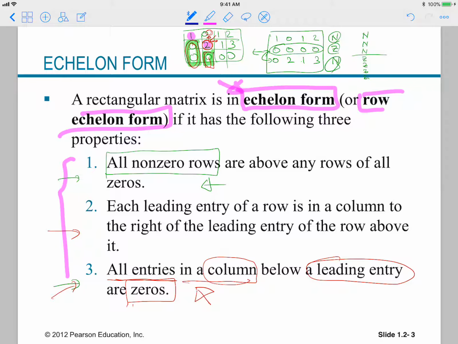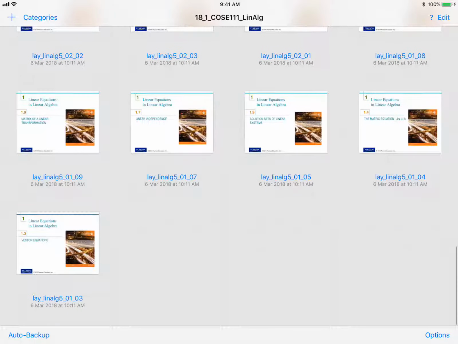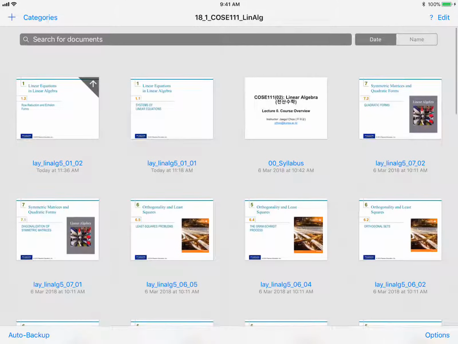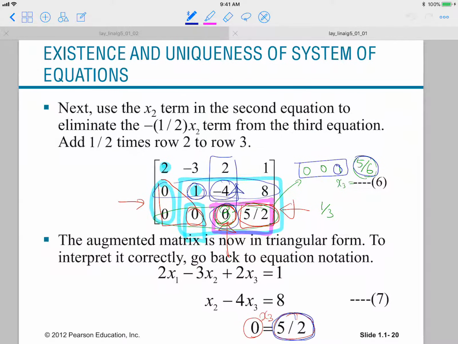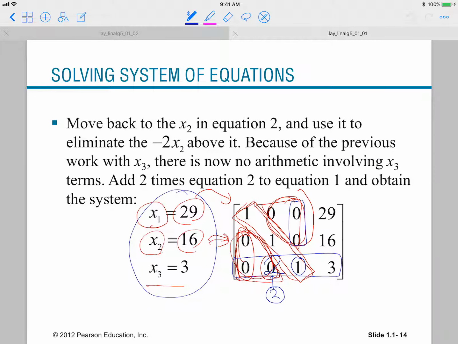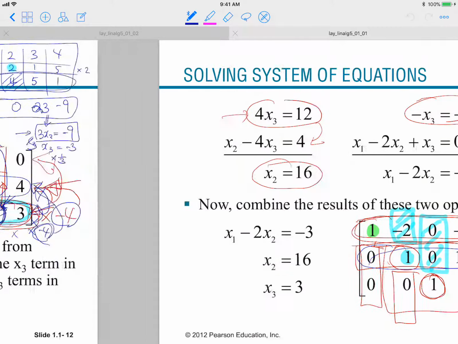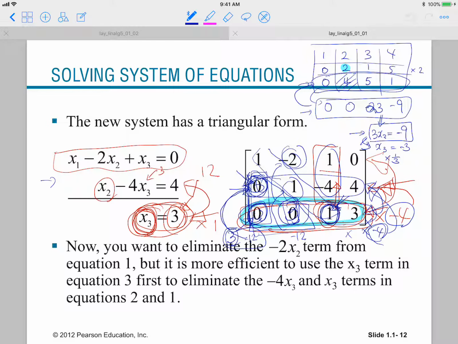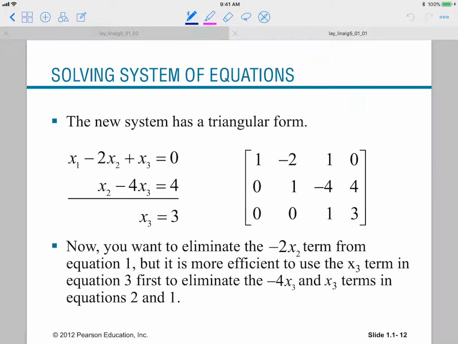Okay, and then let me relate it to the process of solving the linear system. In the previous example, it got a little messy.